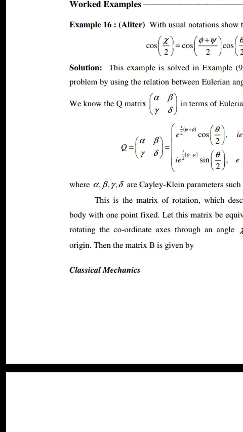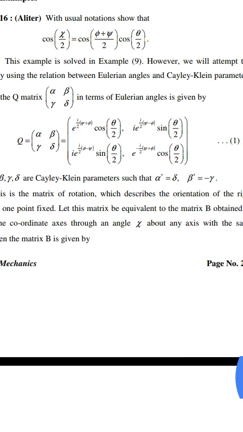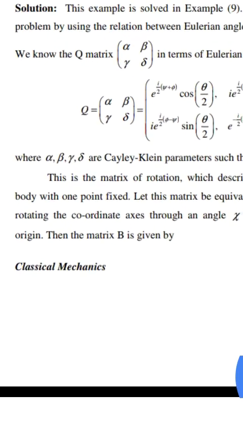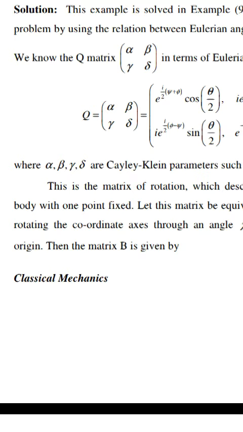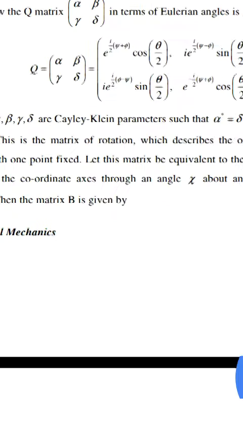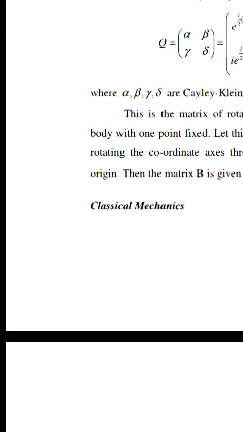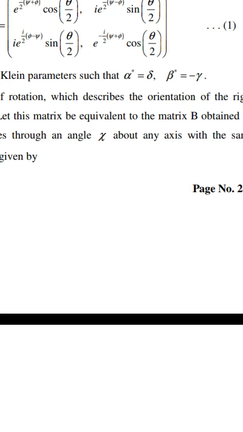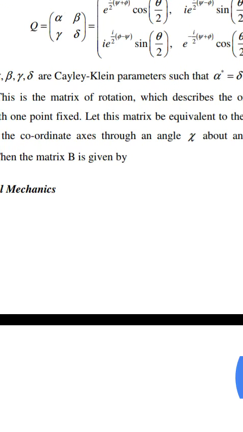We know the Q matrix alpha, beta, gamma, delta in terms of Euclidean angle is given by Q is equal to alpha, beta, gamma, delta, with entries e raised to i by 2 (psi plus phi) cos of theta by 2, i e raised to i by 2 (psi minus phi) sin of theta by 2, i e raised to i by 2 (phi minus psi) sin of theta by 2, and e raised to minus i by 2 (psi plus phi) cos of theta by 2, where alpha, beta, gamma, delta are complex Cayley-Klein parameters, so that alpha dash is equal to delta, beta dash is equal to minus gamma.